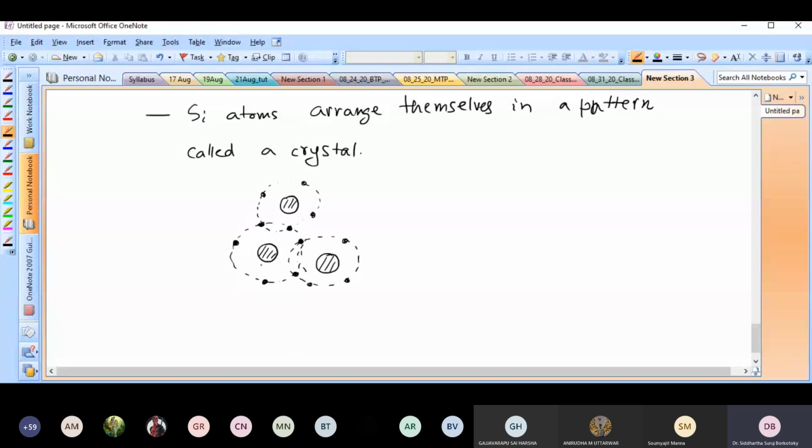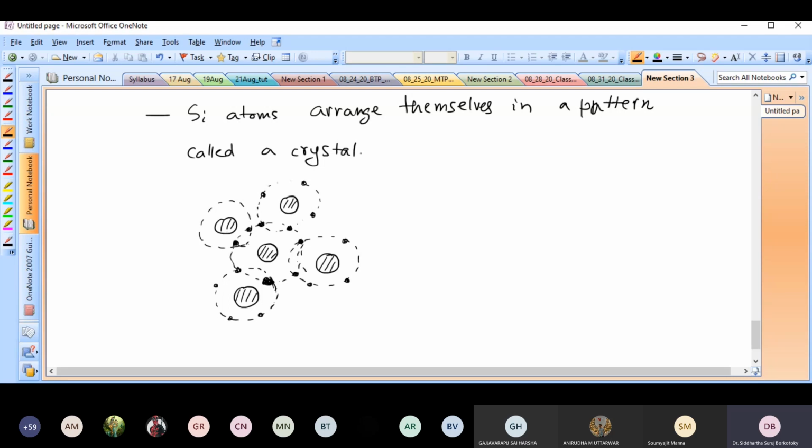Okay. Then there will be another one here. This is a single atom. Okay. So that one will have 1, 2, 3, and finally this one will also be bonding with another atom.